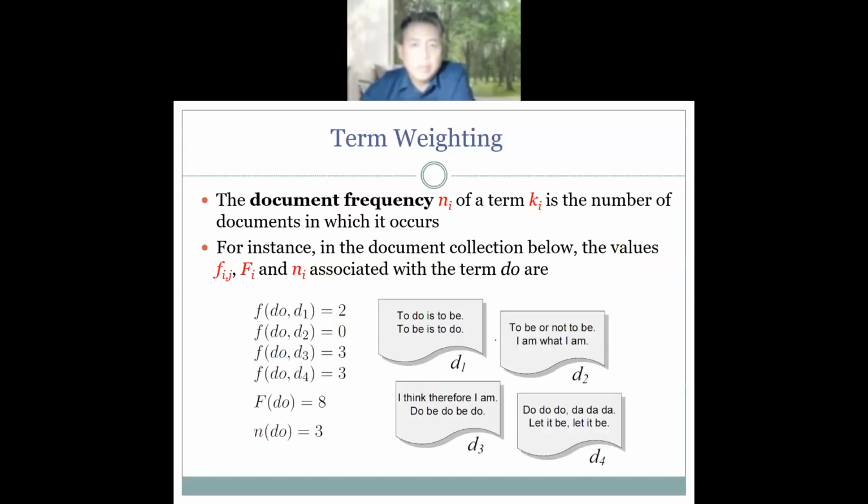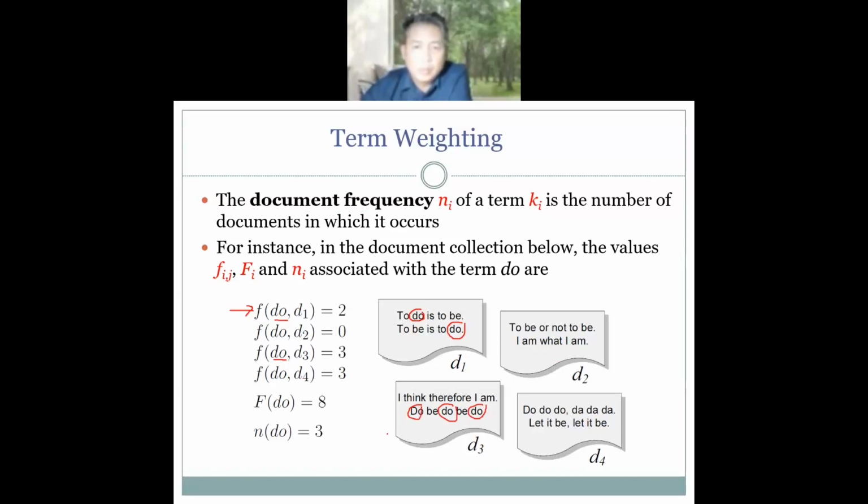So for instance, we have document 1, document 2, and document 3. The frequency of "do" in document 1 is only 2. The frequency of "do" in document 3 is 3.